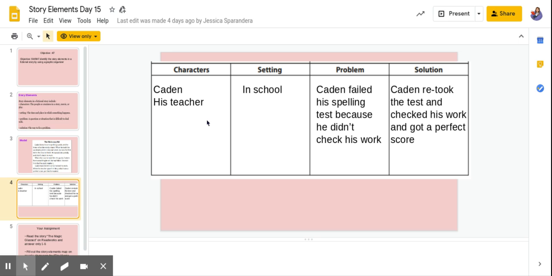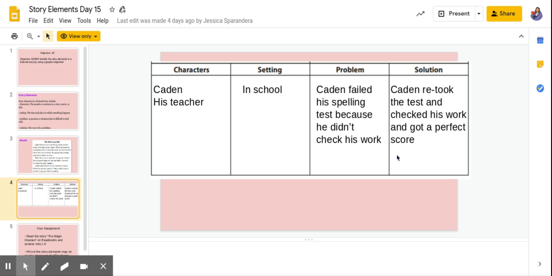The problem Caden faces is that he failed his spelling test because he didn't check his work. And then he had to come up with a solution to that problem, which is that Caden retook. Caden had to retake his test and by checking his work, and then he got a perfect score.